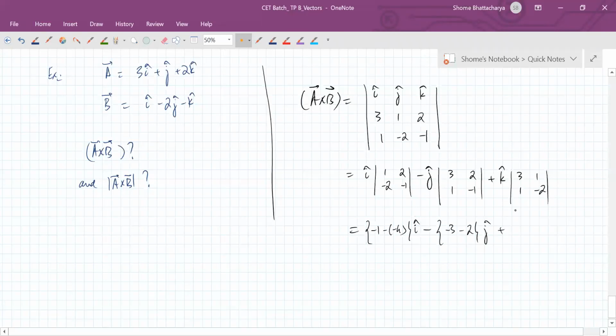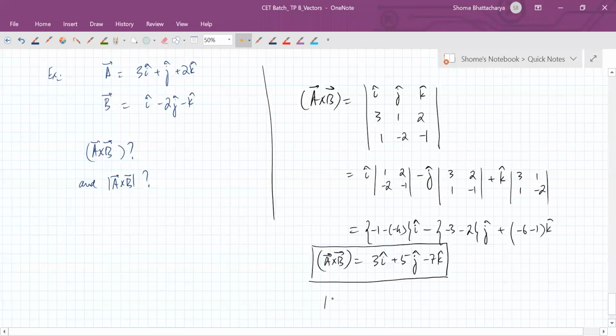Plus, now again this is minus 6 minus 1, k cap. So this is becoming 4 minus 1, that is 3 i cap. Minus of minus 5, the minus minus cancels out, so plus 5 j cap, and minus 7 k cap. So first of all, our vector cross product becomes this. So this is our answer to the first part.